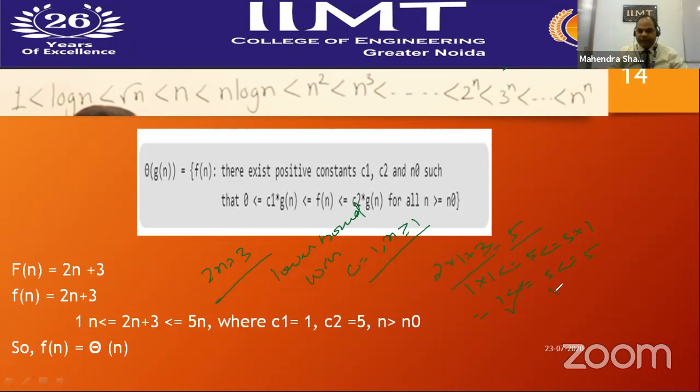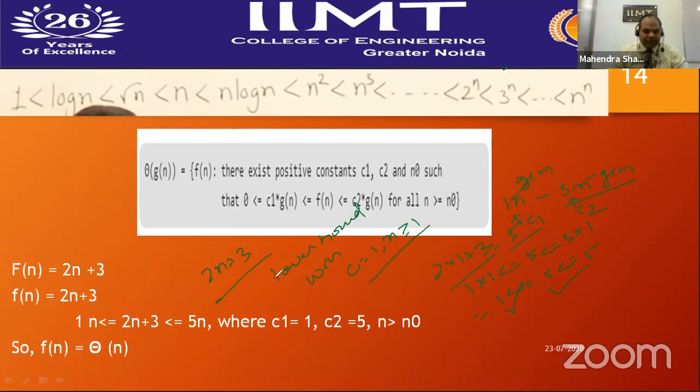So we can say yes, the lower bound of this equation is 1n and the upper bound of this equation is 5n. So we can say 1 is c1, 5 is c2, and this is g of n. Okay, right.